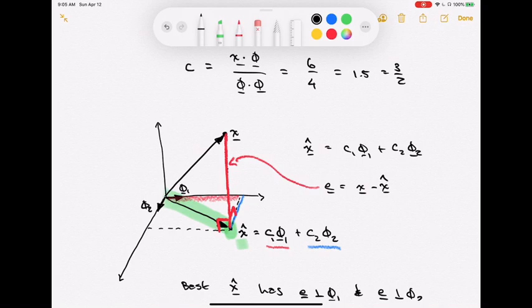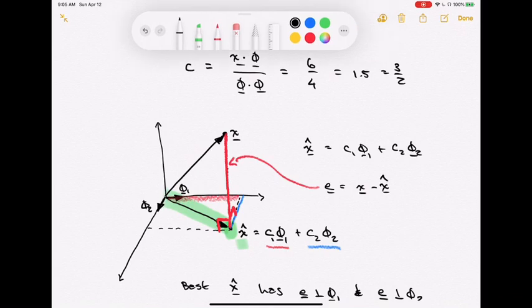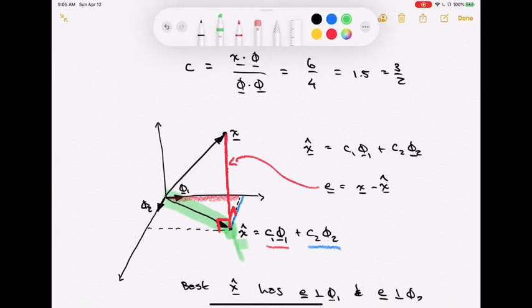This most recent case, the one I've done in 3D space, allows me to have more than one building block. So I've got two building blocks in this particular case. My estimate is a linear combination of my two building blocks. I know what the building blocks are. The only thing I didn't know were the size of each scale factor multiplying those building blocks.